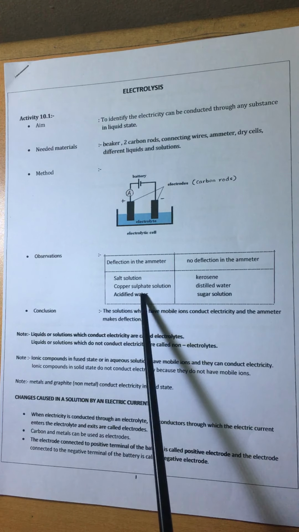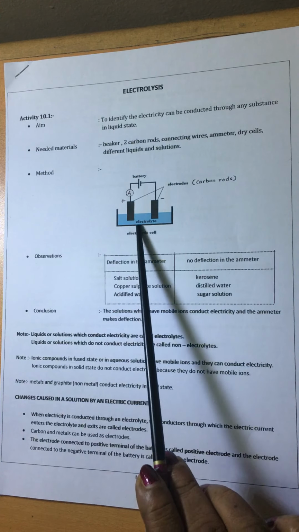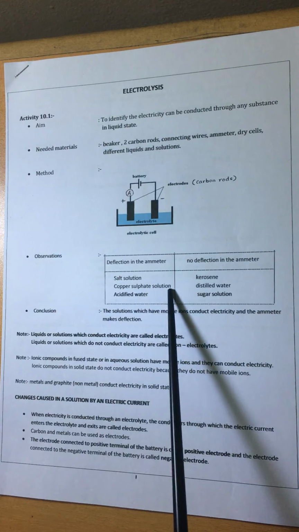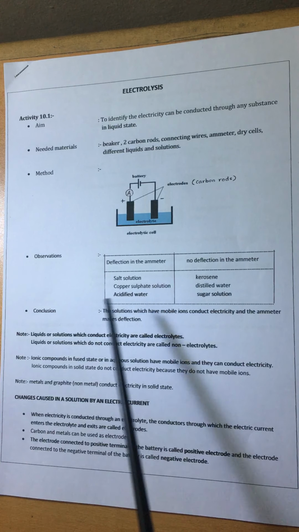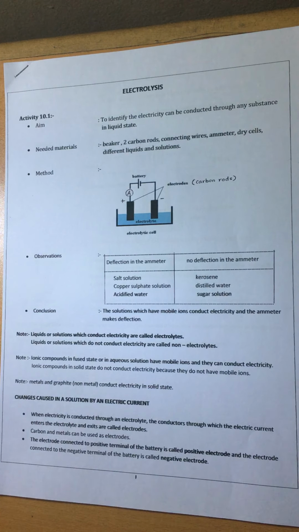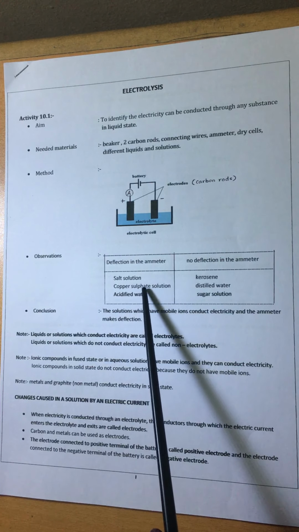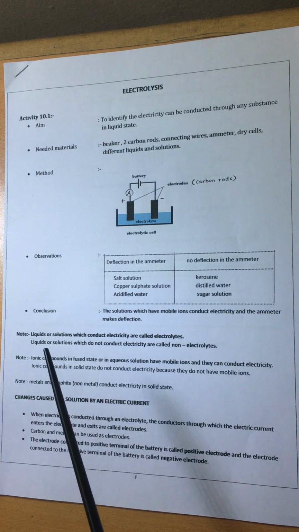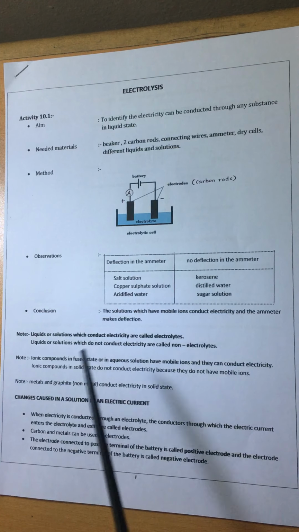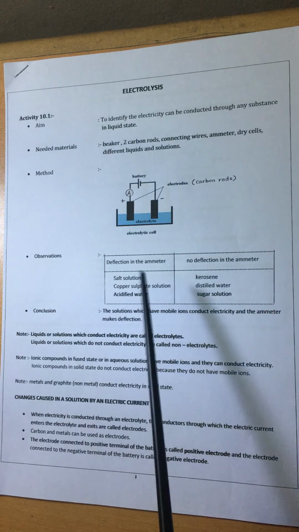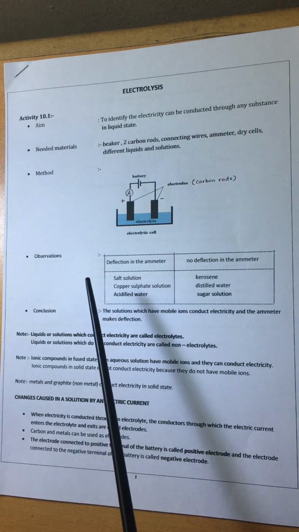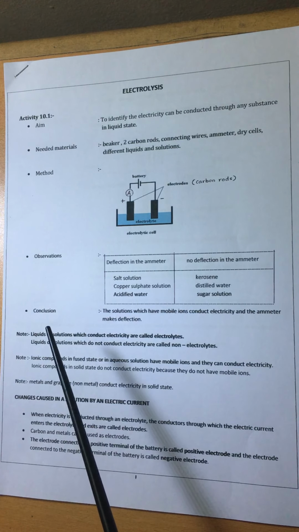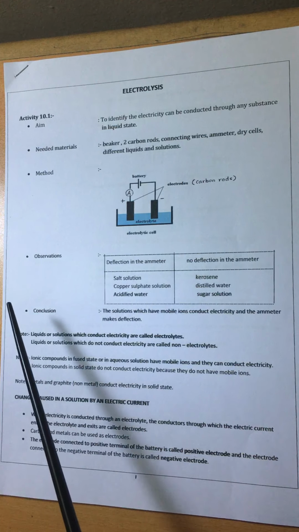The ions only conduct electricity in the electrolyte, right? So in the salt solution, copper sulfate solution, and acidified water, there are mobile ions. Mobile means the ions can move, so that's why they conduct electricity. But non-electrolytes have no mobile ions, that's why they do not conduct electricity. So from this experiment you can identify whether it is an electrolyte or non-electrolyte, right? Instead of an ammeter you can use a bulb also.